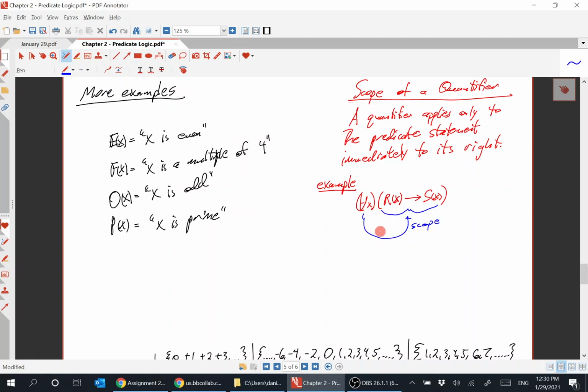So this quantifier has this scope. This is the statement immediately to its right.